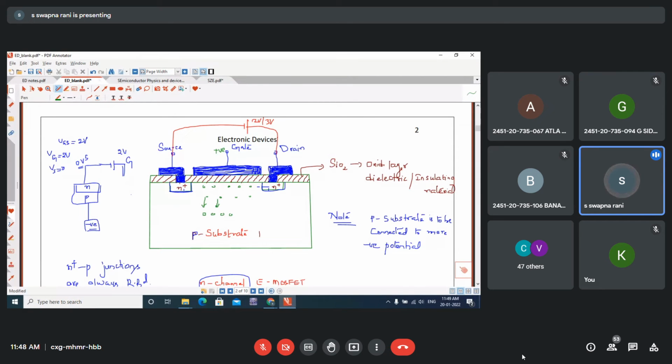They will get repelled by the positive potential on the gate.